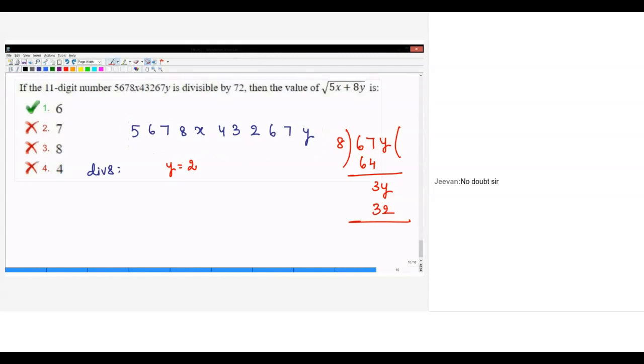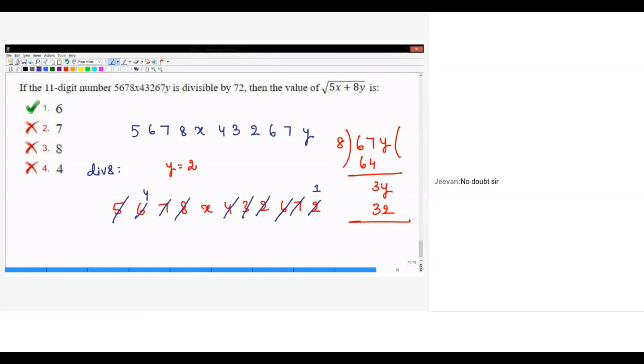Okay. If y is 2, what is x? 5 and 4 cancel. 6 and 3 cancel. 7 and 2 cancel. 8 and 1 cancel.